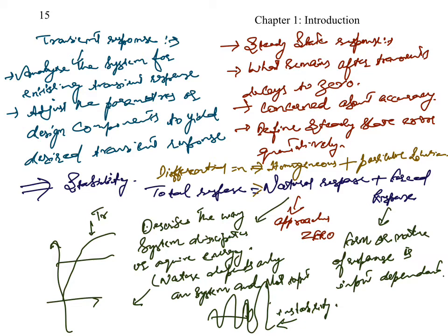So that stability aspect, in terms of the transient response and the steady state response, should be taken into consideration while designing any system. It should be such that it would reach the steady state after certain transients.